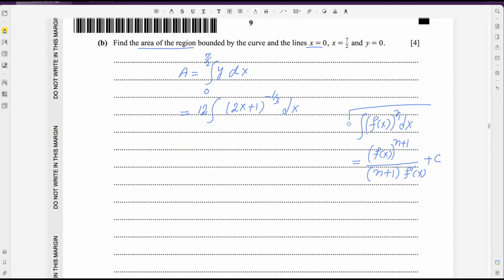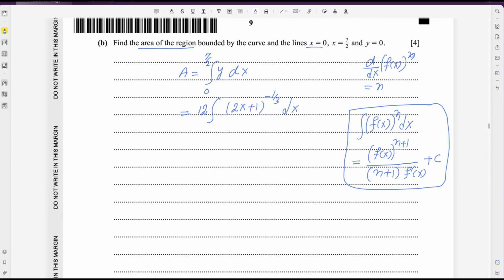Hopefully. Actually, these are very important formulas you have to memorize. Like function power n dx equals function power increased by 1, divided by the same power, and we divide by the derivative. The derivative of the function under the power is divided. Like in case of differentiation, if you are differentiating this function, what is the rule?